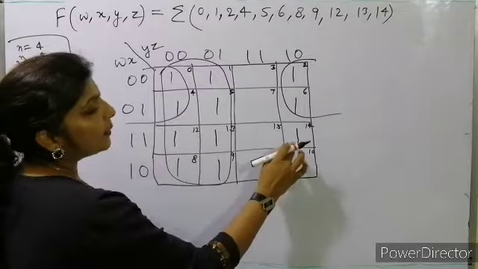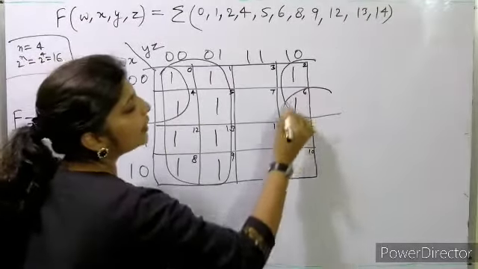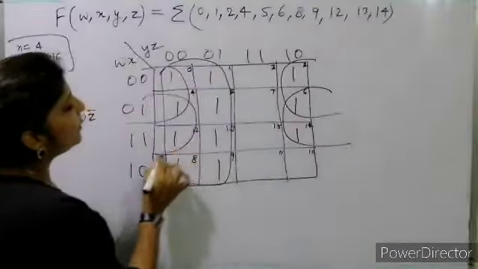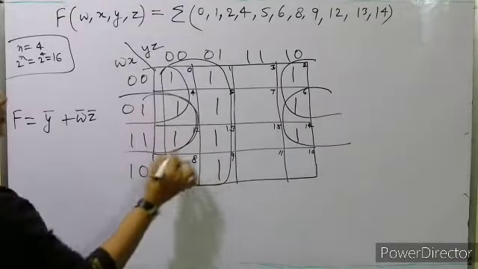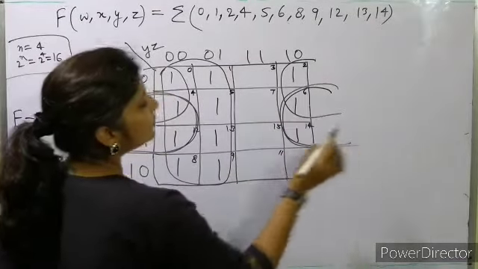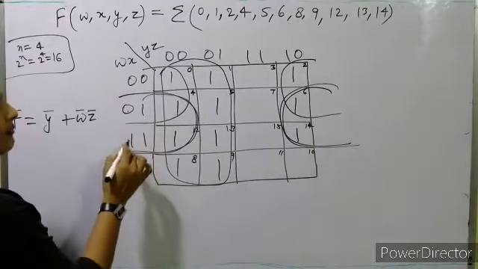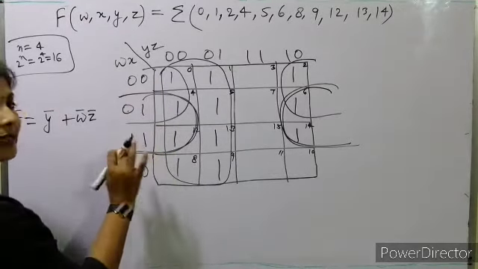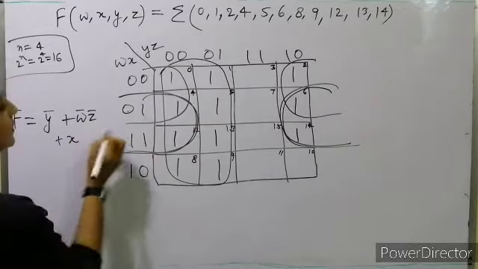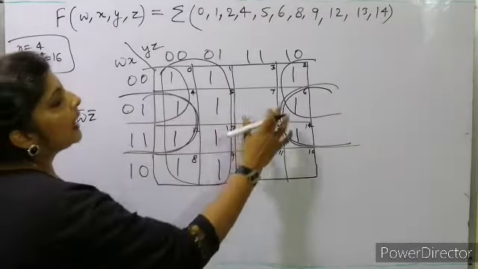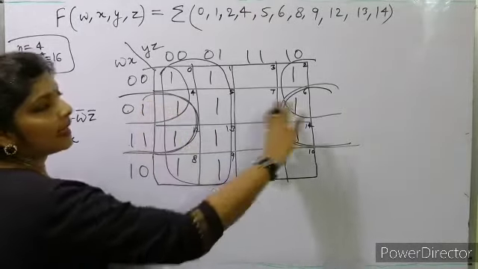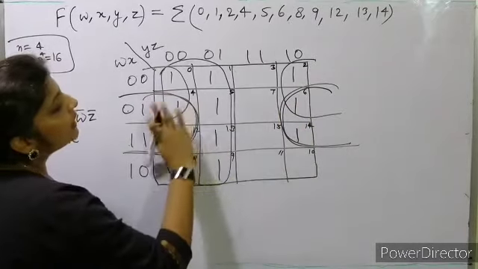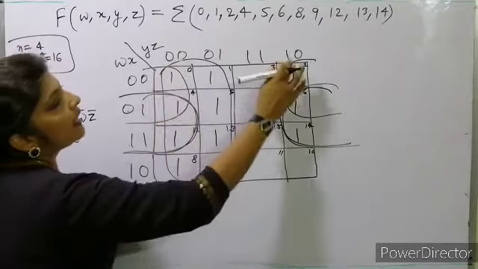Okay, now here there is one more 1, so we can do one thing: these two and these two we will also take. Okay, these two and these two. Now 0 and 1, varying, so x is common, x will be there, okay, in both of these x is there, and in both of these also x is there. Now we'll compare these two, 0 0 and 1 0.